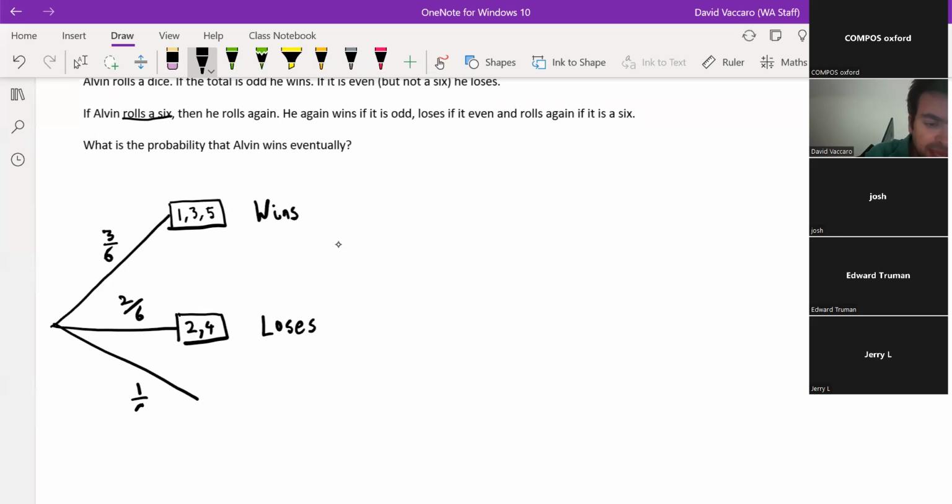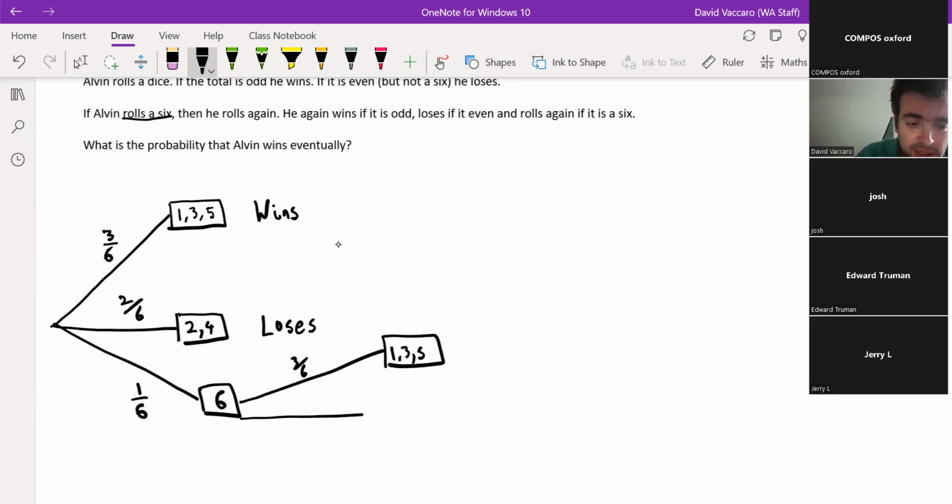If he rolls a 6, then he plays a game. And now the game continues, so he can now roll either a 1, a 3, or a 5, and that happens with probability 3/6. He can roll a 2 or a 4, and that happens with probability 2/6, or he can roll a 6, and he plays again.